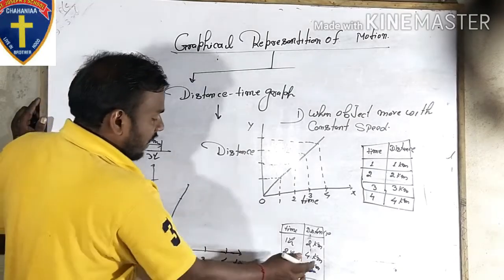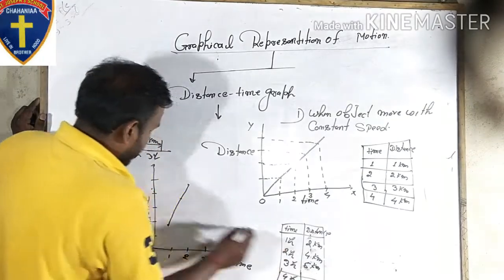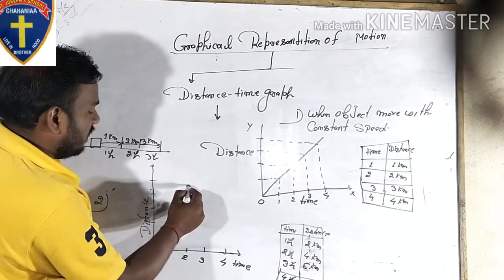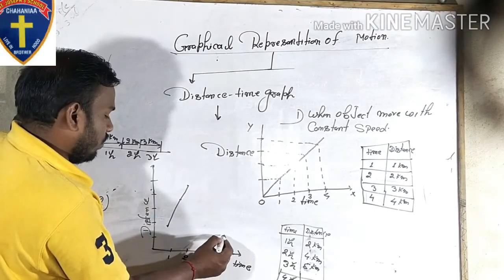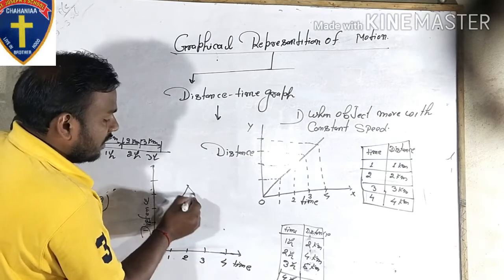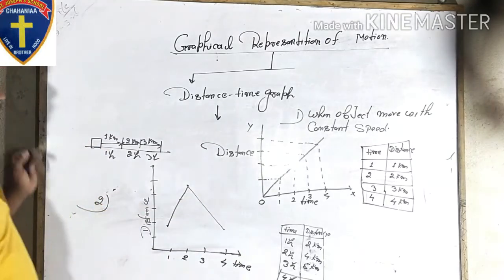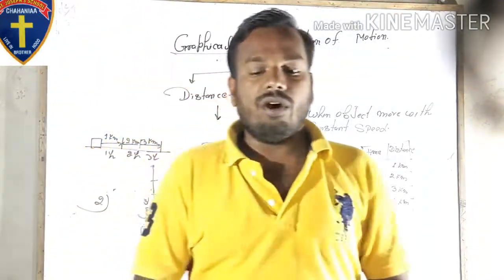Then it decreases: in the fourth hour it is 2 kilometers. That is the graph of non-uniform motion.